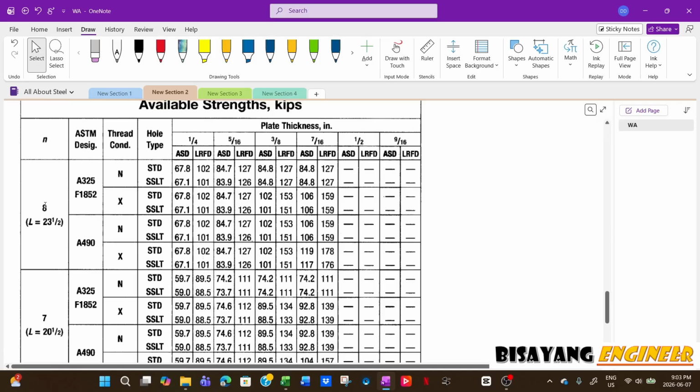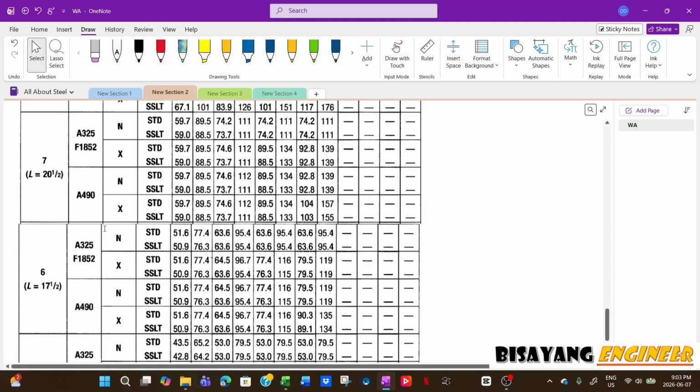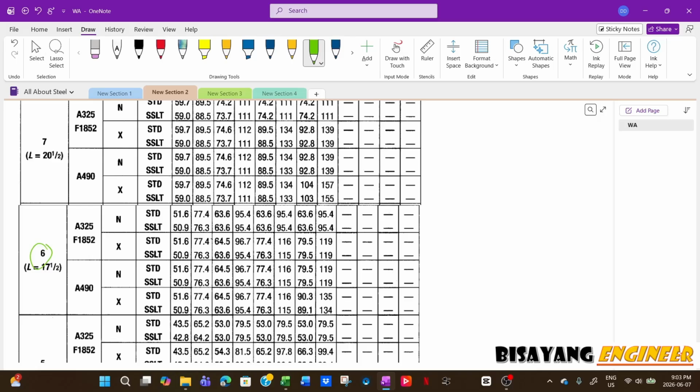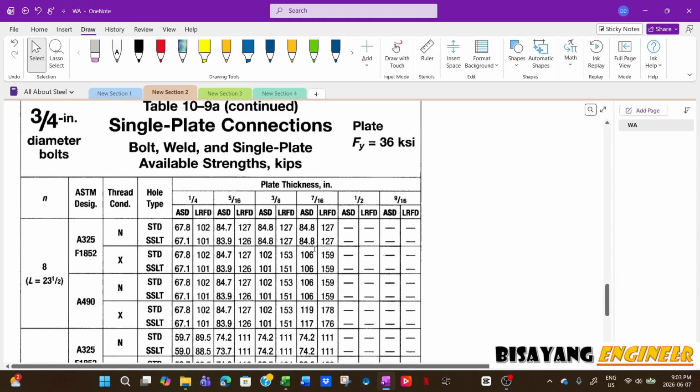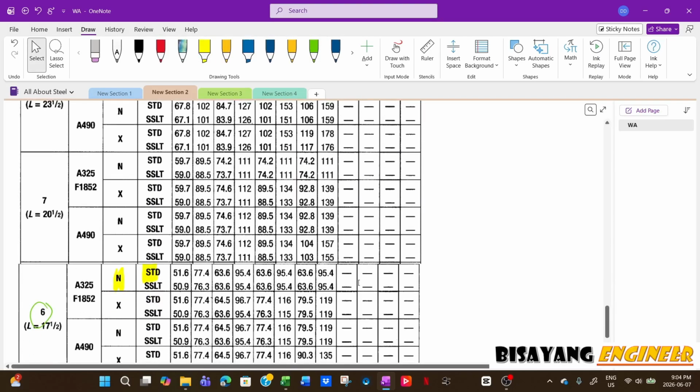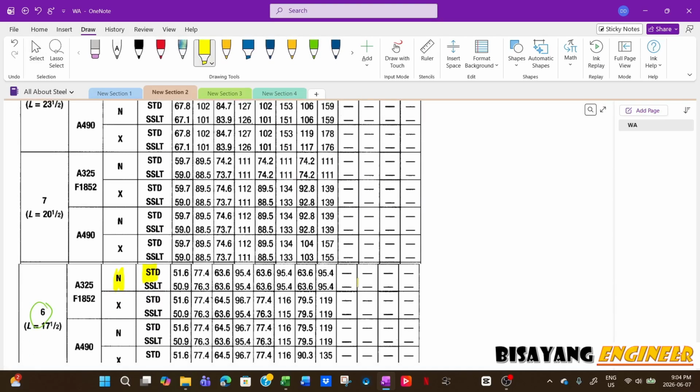In the double angle, we used 6 bolts, with threads included in the shear plane, and the standard. Then all you have to do is select the plate size. Say our plate thickness is 3/8 and then LRFD. So our capacity is, where is the 3/8?